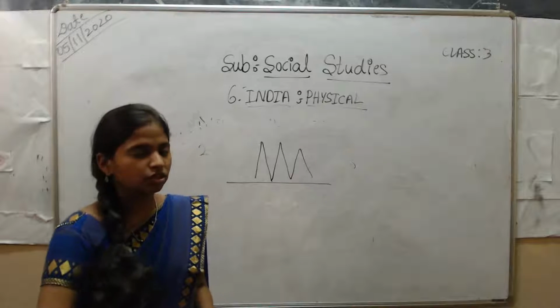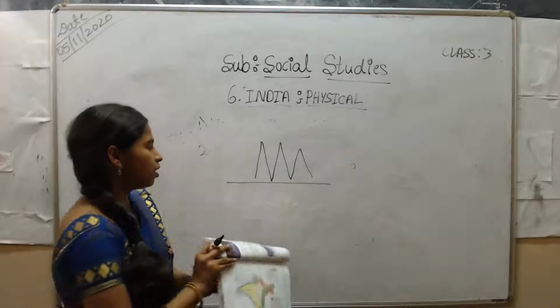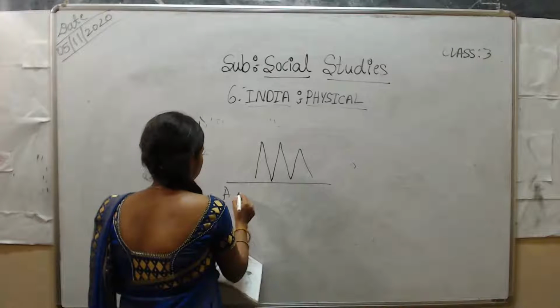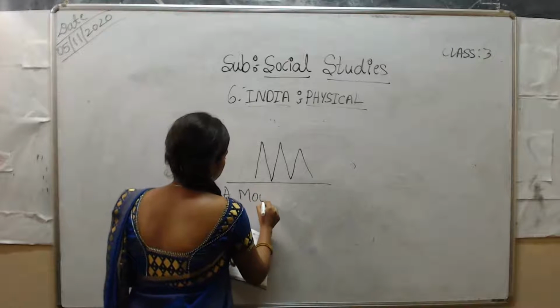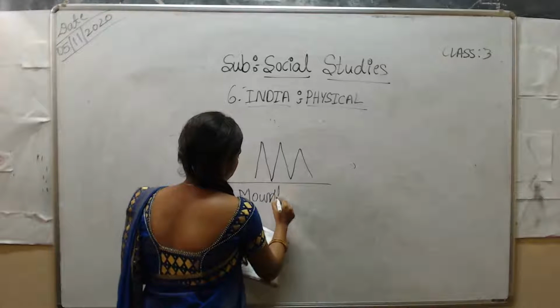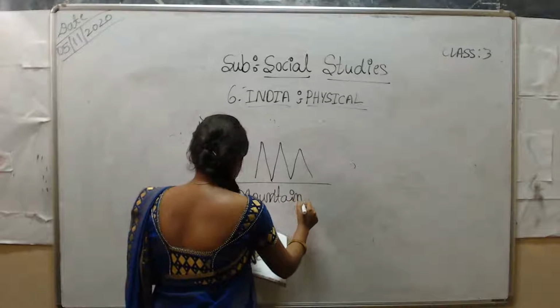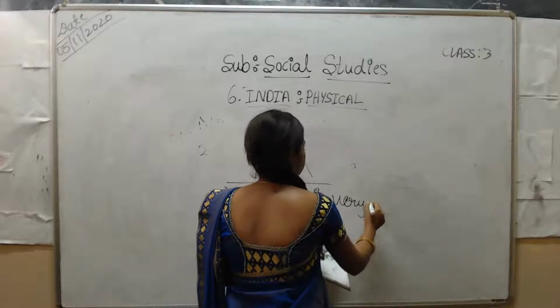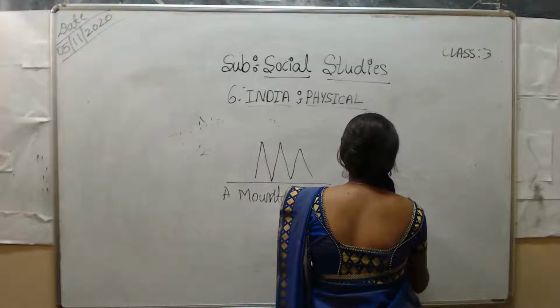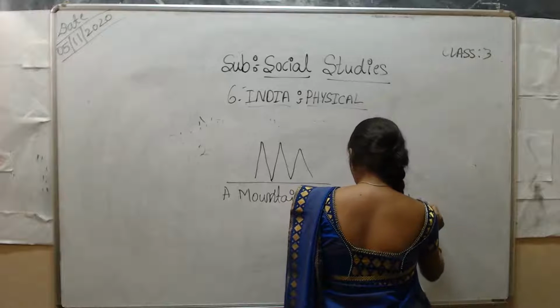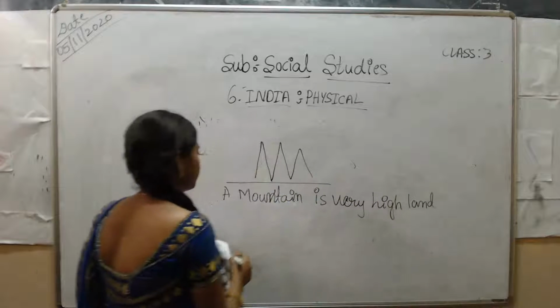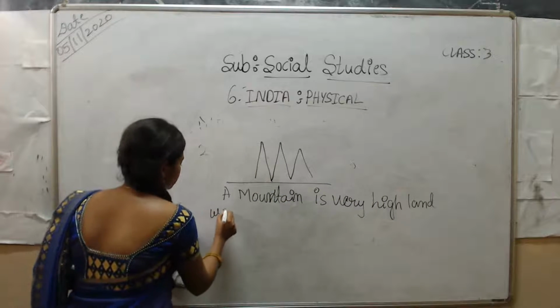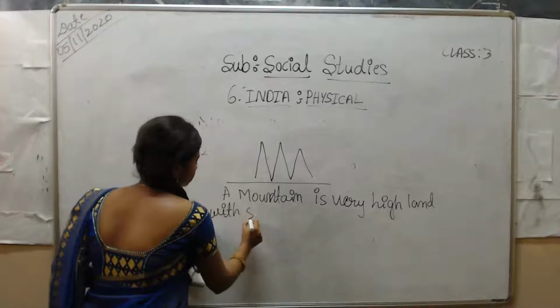The definition of a mountain: a mountain is very high land with steep sides.